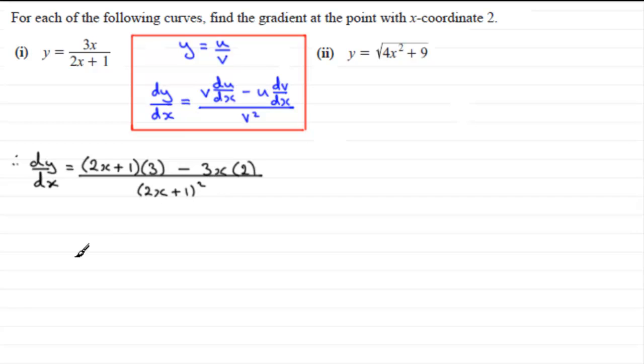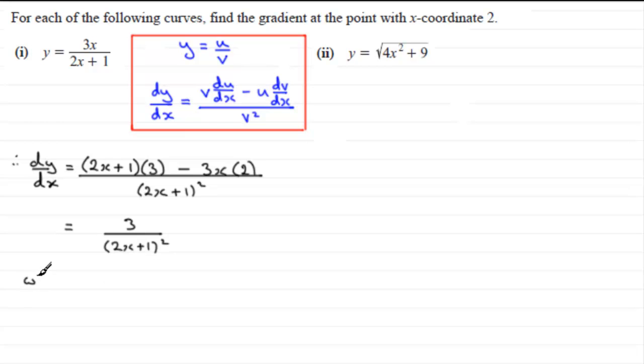Now, let's just tidy this up. If we expand this bracket out, we've got 6x plus 3, and then we subtract 6x. So all we're left with is 3 divided by 2x plus 1 all squared. Now, we've got to find the gradient at the point with x-coordinate 2, and dy by dx gives us the gradient at any point x on the curve.